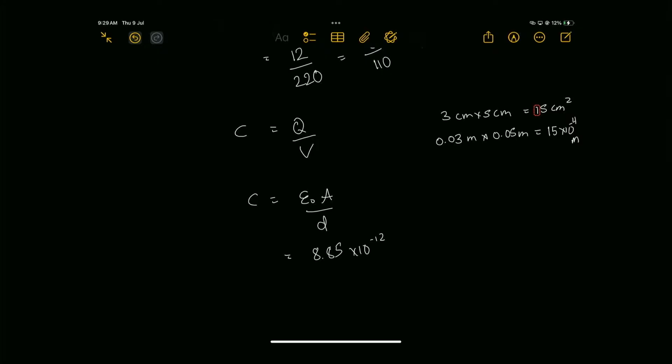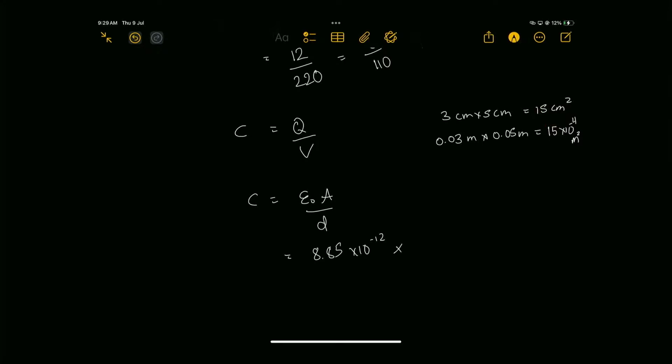Right? So to convert centimeters squared to meters squared, we have to multiply by 10 to the minus 2 multiplied by 10 to the minus 2. So we would have to multiply the value by 10 to the minus 4.